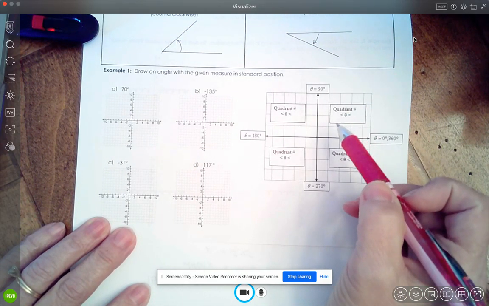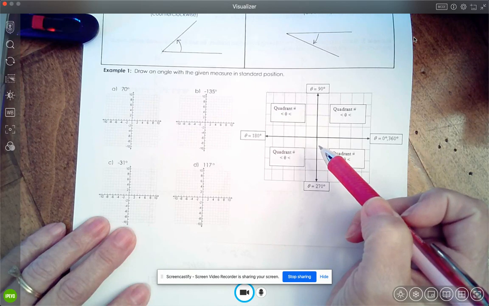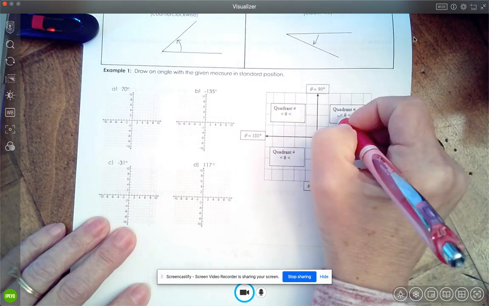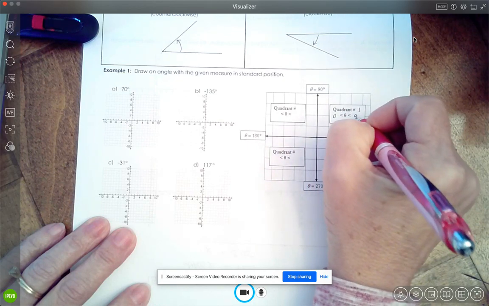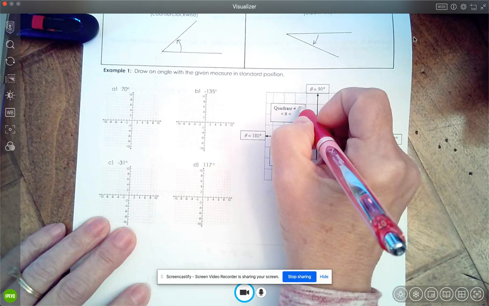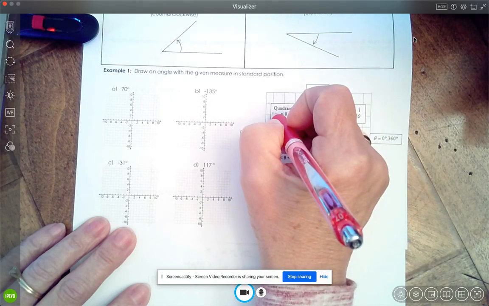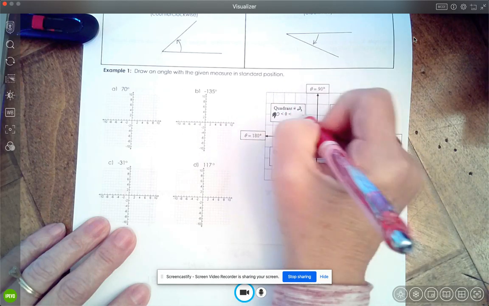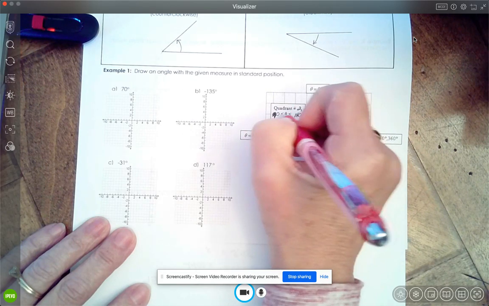If you remember, we have 4 quadrants in the coordinate plane. This is quadrant 1. Quadrant 1 is between 0 and 90 degrees. Quadrant 2 is between 90 and 180 degrees.